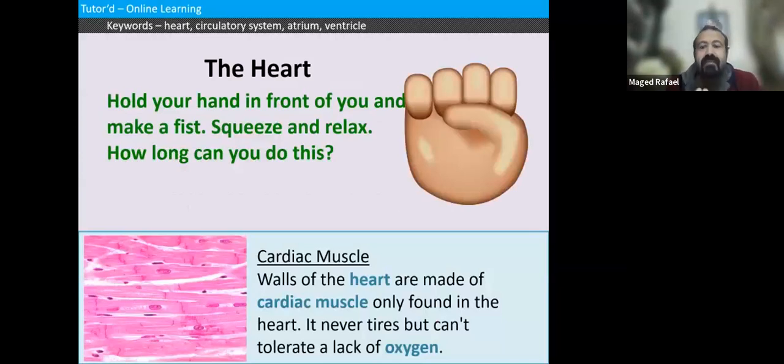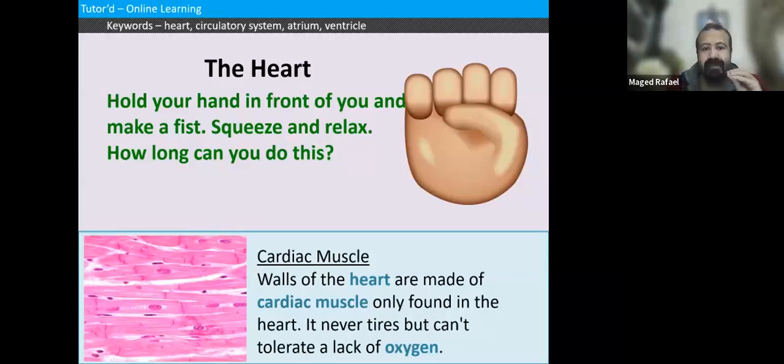Cardiac muscle is the muscle of the heart wall. So walls of the heart are made of cardiac muscle. That's why when you try to do this, you feel exhausted after maybe 1 minute, 2 minutes, 3 minutes, it depends. But the cardiac muscle is only found in the heart, and it never tires but can't tolerate a lack of oxygen.